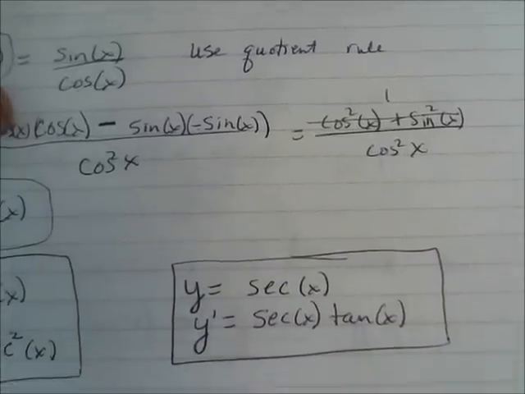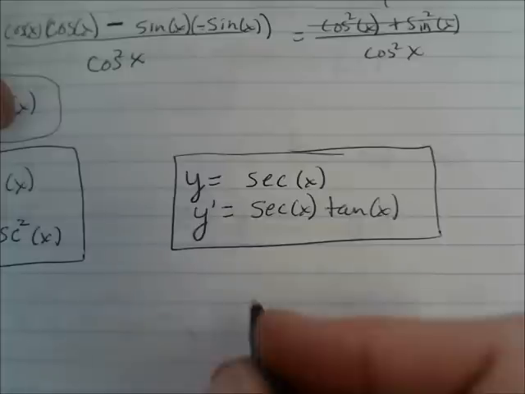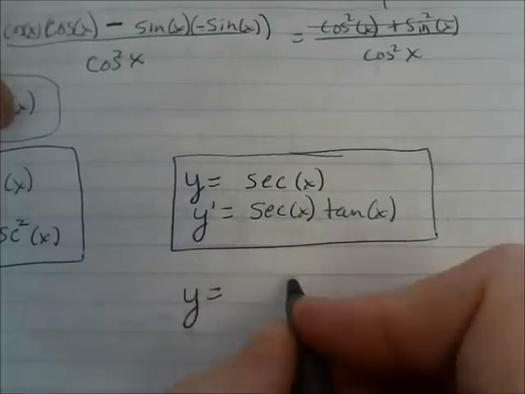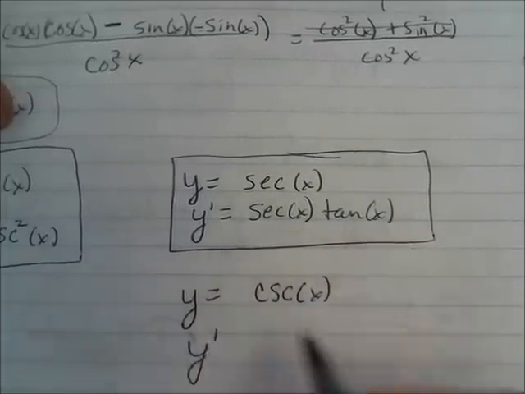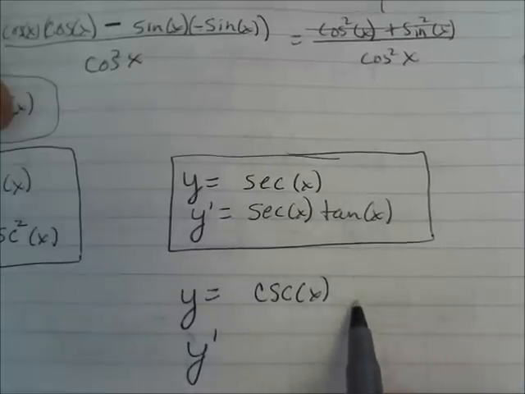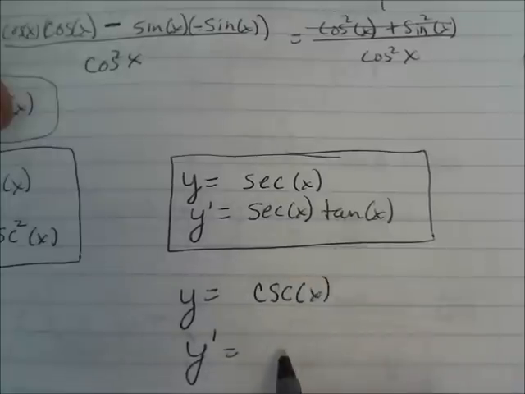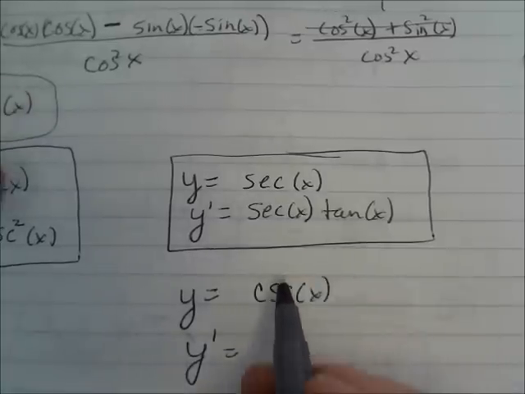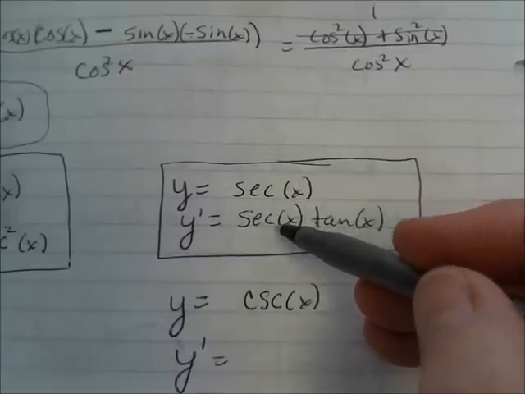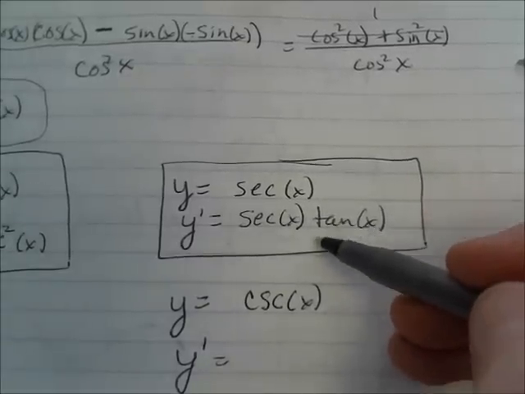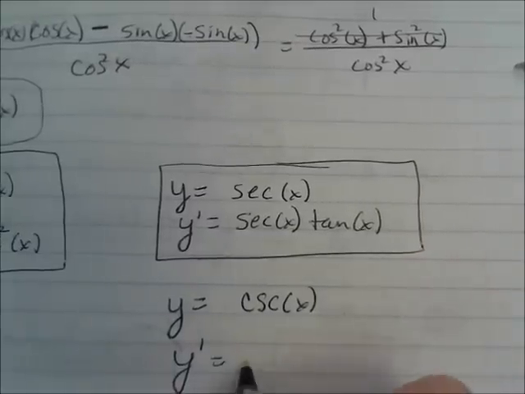And then we have one more, which is the cosecant. So if you are given y is equal to the cosecant of x, what is its derivative? Well, cosecant is 1 over sine. You could use the quotient rule if you wanted to and figure this all out. Or you could just, if you can remember that the secant's derivative is secant times tangent, the cosecant's derivative is negative.